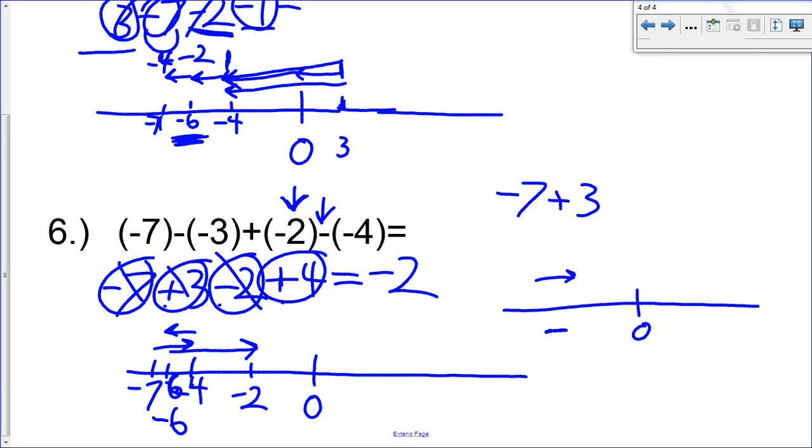Okay, 3 is not enough to get us from -7 back to 0, but it will get us to -4. So now we hold -4 in our mind, and we subtract 2 from it. That's just 2 more in the negative direction, so now we hold -6 in our mind.